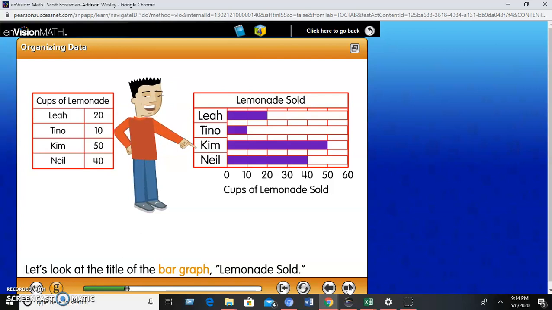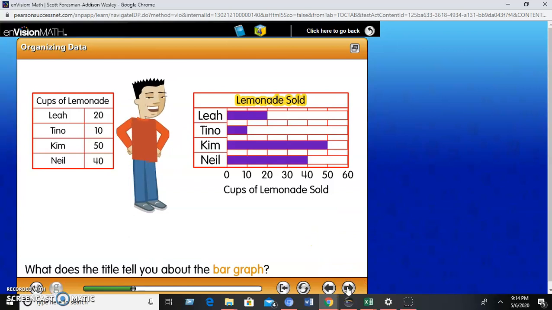Let's look at the title of the bar graph. The title here is Lemonade Sold. What does the title tell you about the bar graph?